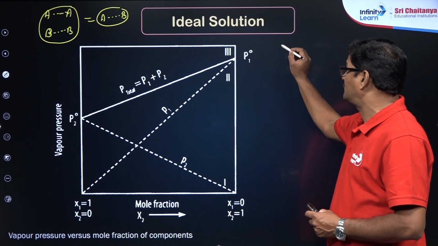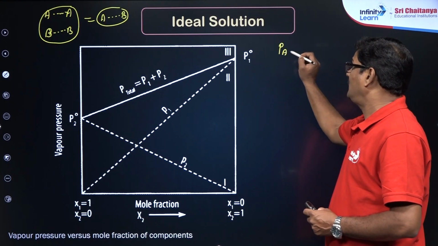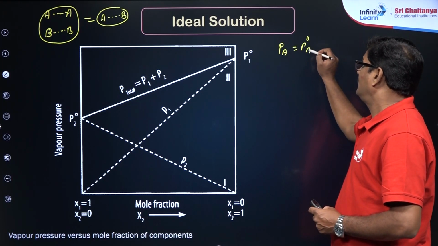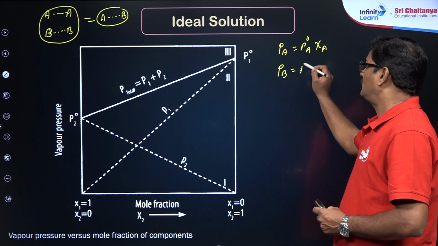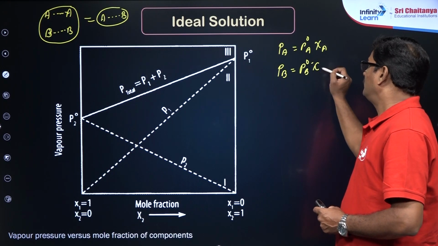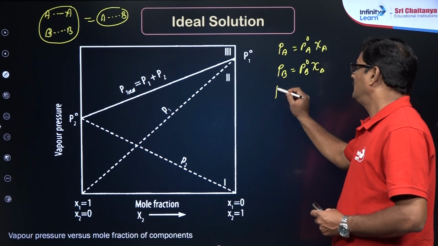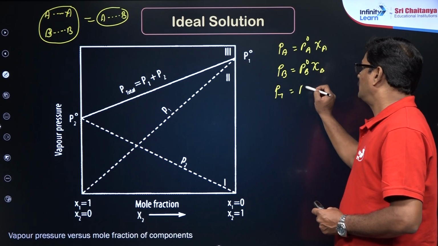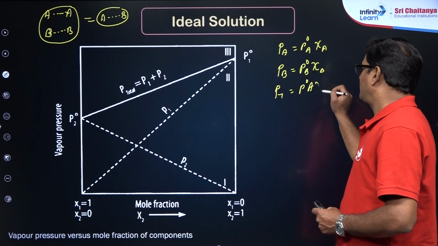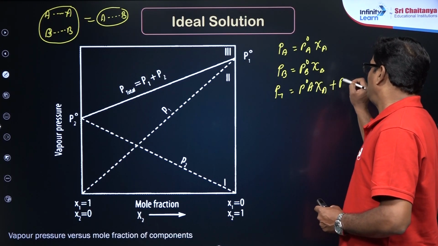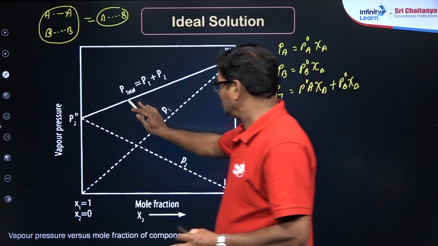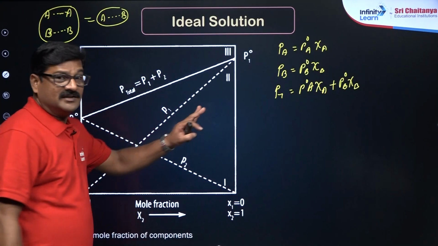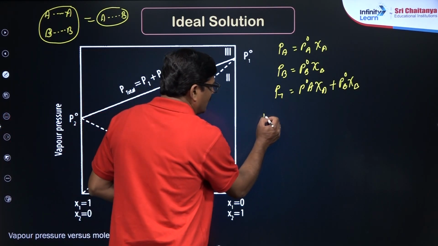For an ideal solution, Pa is equal to P naught A times mole fraction of A, Pb is equal to P naught B times mole fraction of B, and P total is equal to P naught A times mole fraction of A plus P naught B times mole fraction of B, and it gives a line like this. And intermolecular forces are the same.